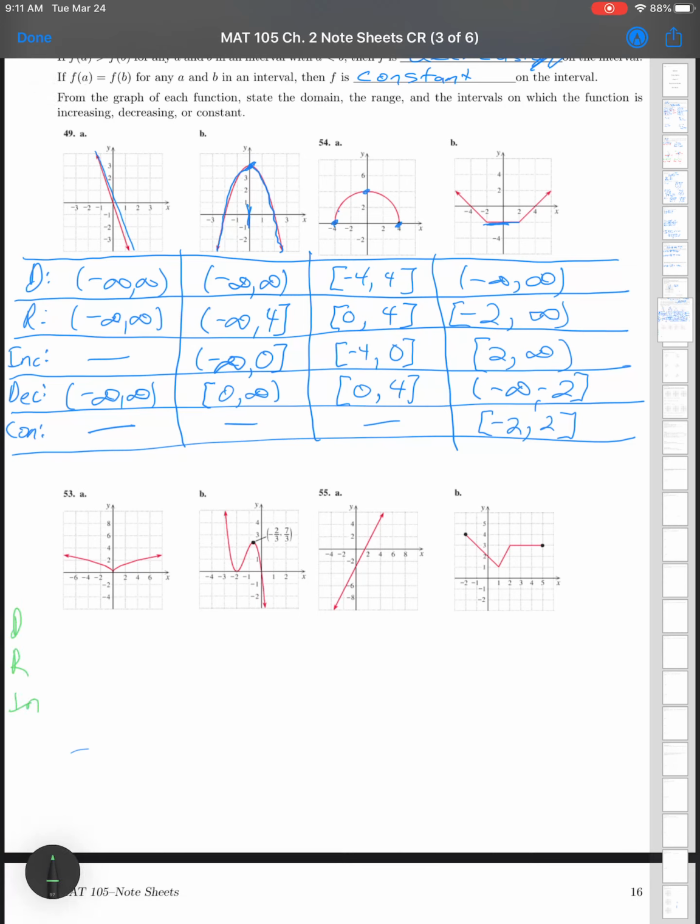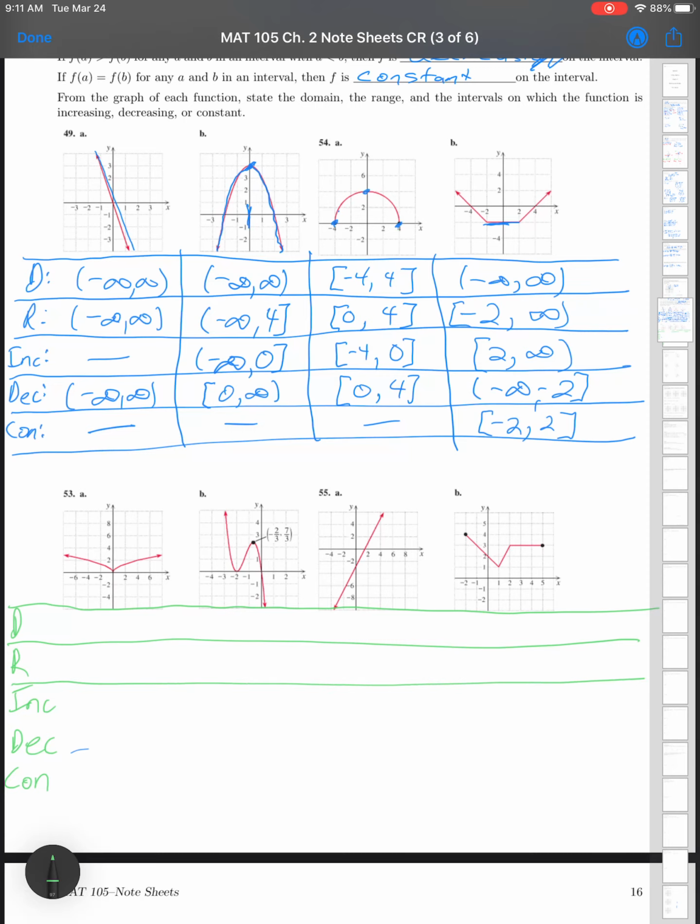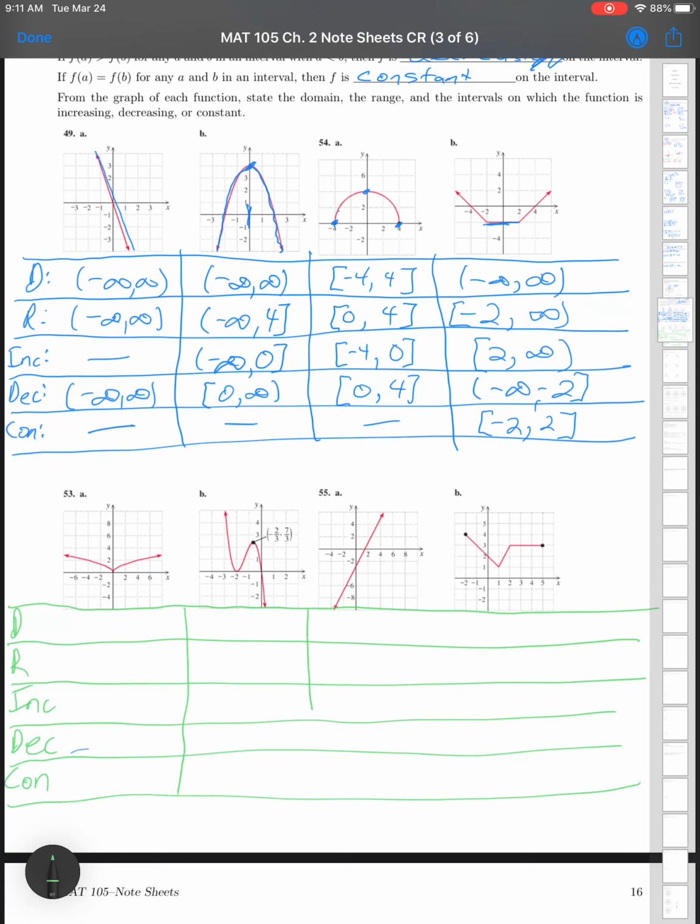So we've got domain, range, increasing, decreasing, and constant. Okay, and so if I make my little chart.